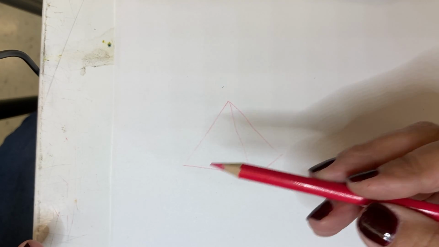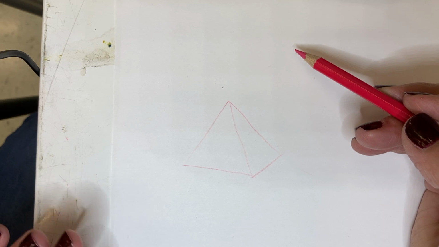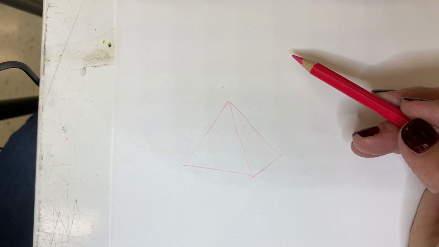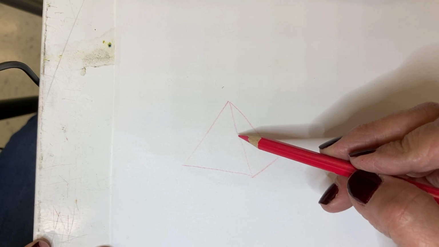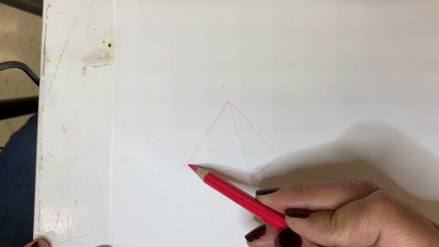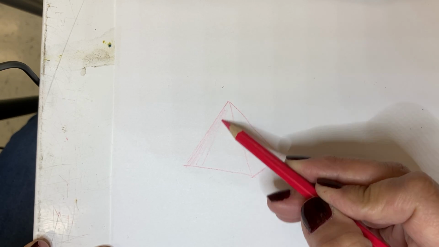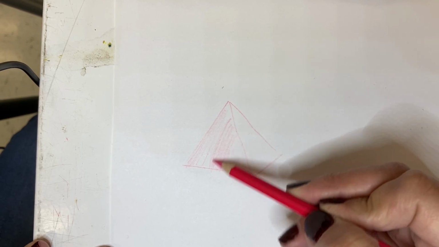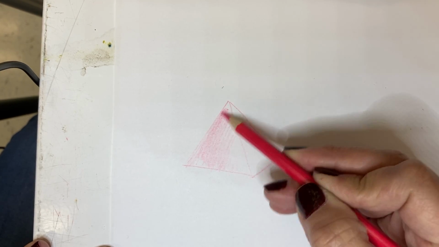So I'm going to approach this like a regular student who may not have an understanding of lighting. I'm simply going to start off going from a dark shade to a light shade using this one color, which happens to be red.